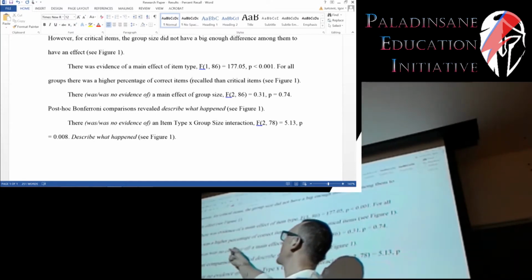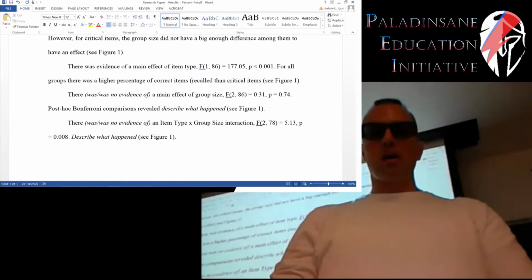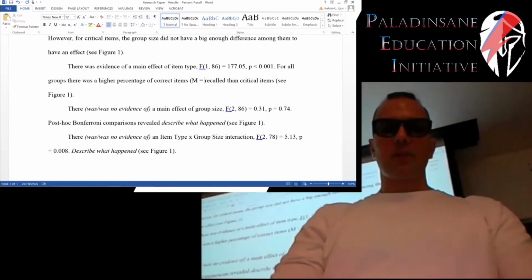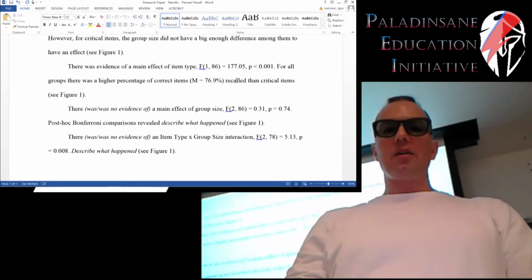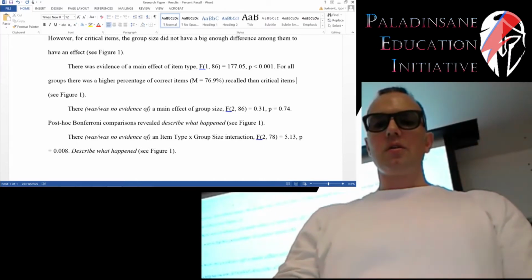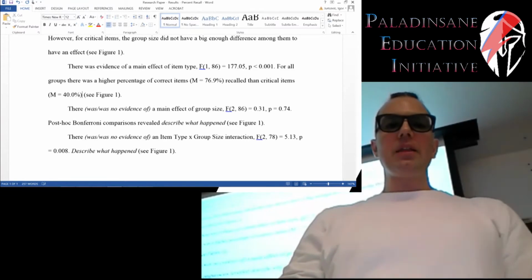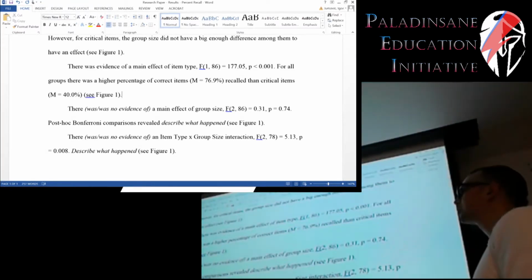So what I would like right now is, what was that percentage of correct items that was recalled? What was the average that was recalled? 76.9%. And then the critical items, it was 40%. All right, and then that's just really friendly for the reader, just so that they actually have the actual numbers.